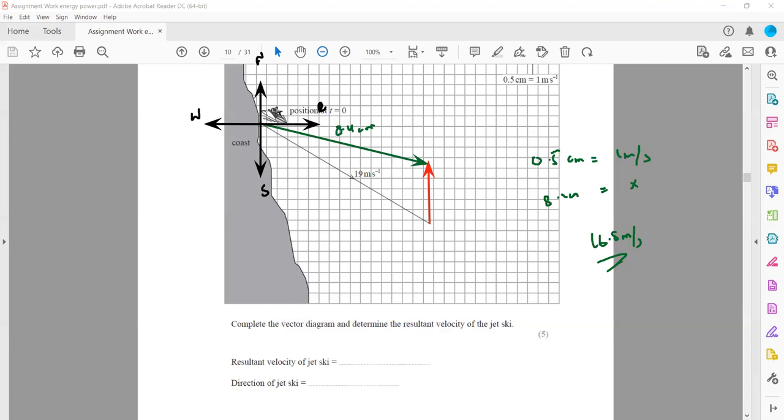So we can measure the angle from east, or we can measure the angle from south. If I'm measuring the angle from east, then I will say this angle is the angle of the resultant, south of east. So we can measure either this angle or the angle from south. The direction of the jet ski here refers to the angle.